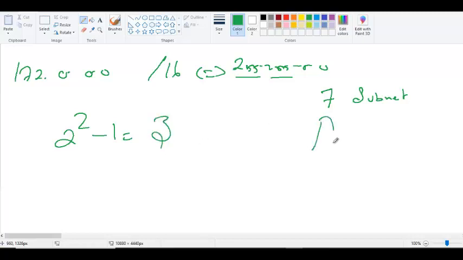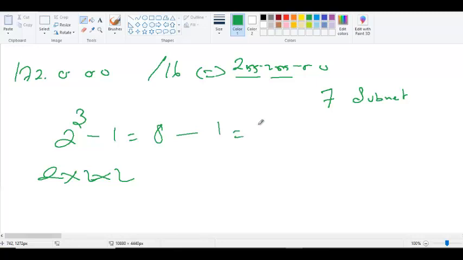Borrow 3 bits: 2 to the power of 3 minus 1, which is 2 multiplied by 2 multiplied by 2, which is 8. 8 minus 1 is 7. You see, we need 7 subnets, and we got 7 as an answer. Now we understood that we need to borrow just 3 bits, only 3 bits, in order to get 7 subnets.